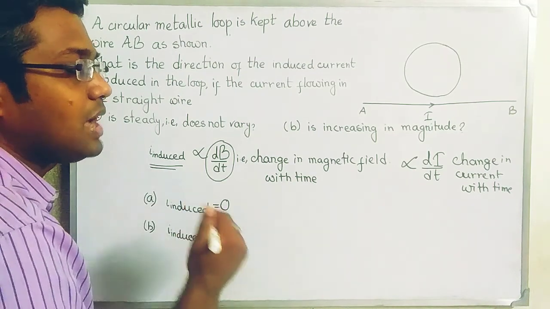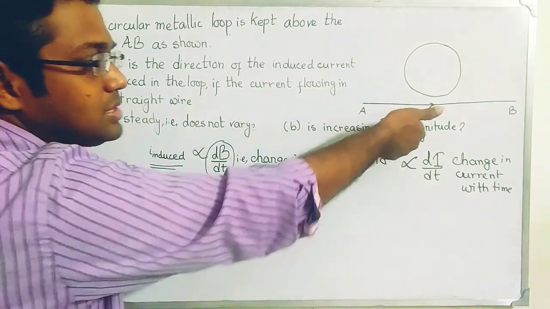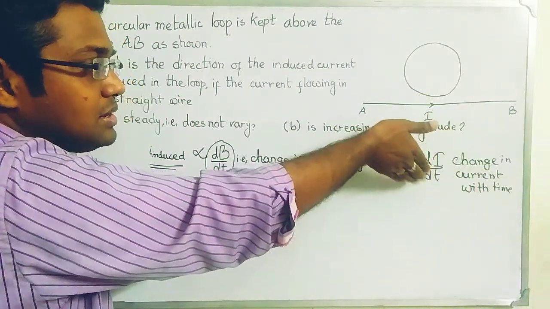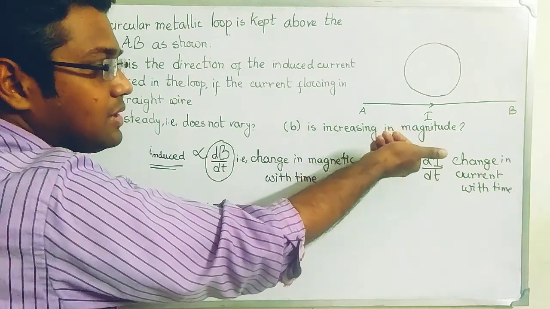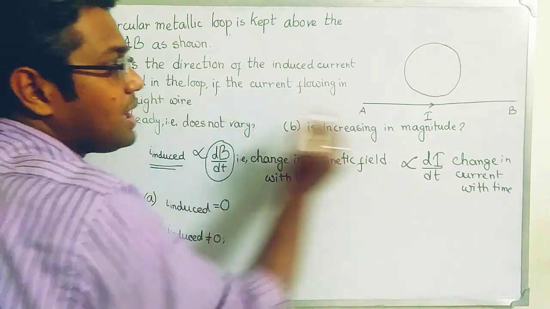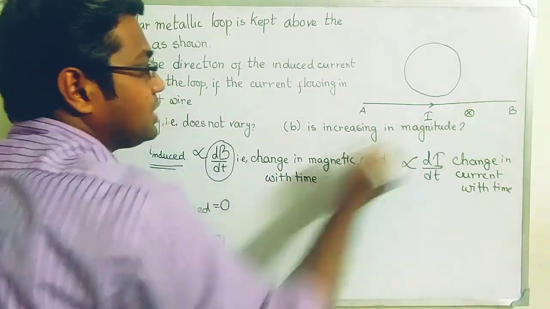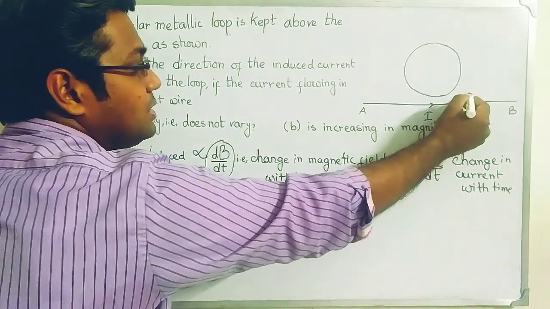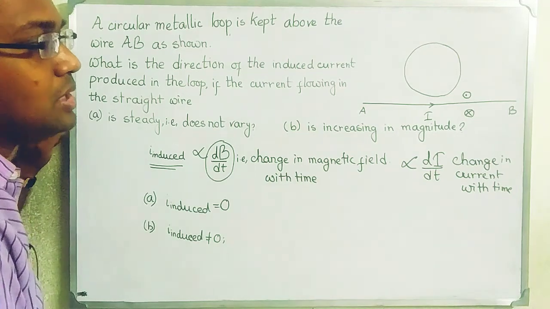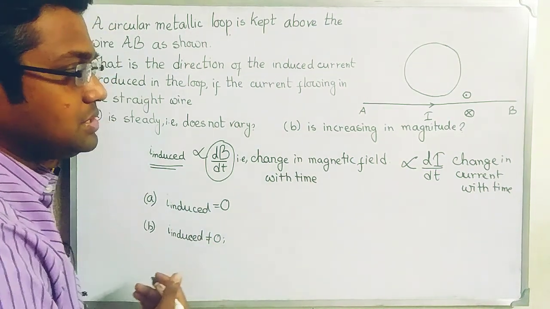If I use the right hand grasp rule, I place my thumb in the direction of the current and curl my fingers, which gives the direction of the magnetic field. Since the current is downward, the magnetic field here is in a downward direction, and on this side, applying the right hand grasp rule, it is in the upward direction. So the magnetic field is changing.